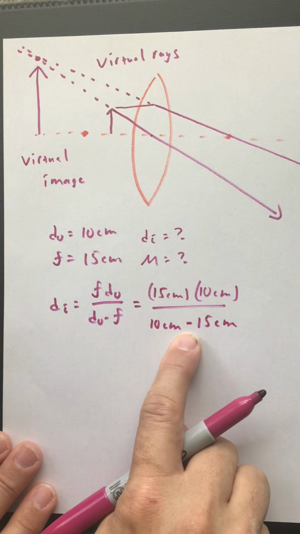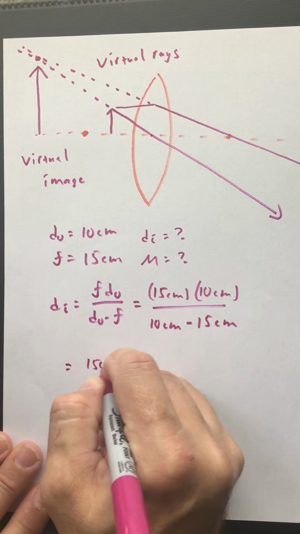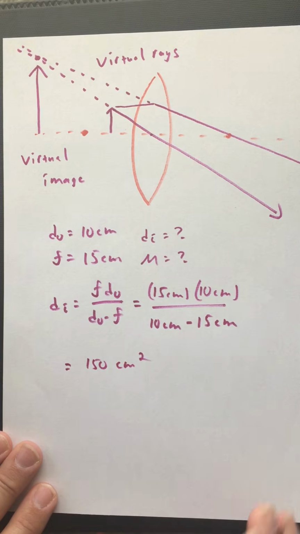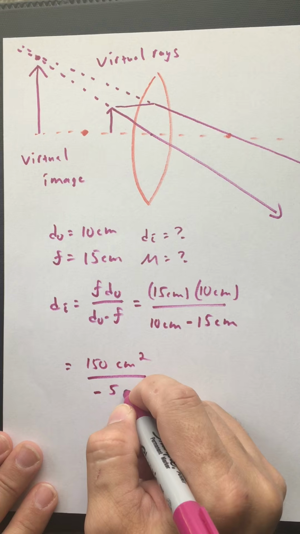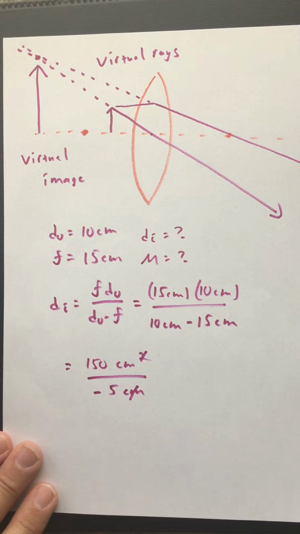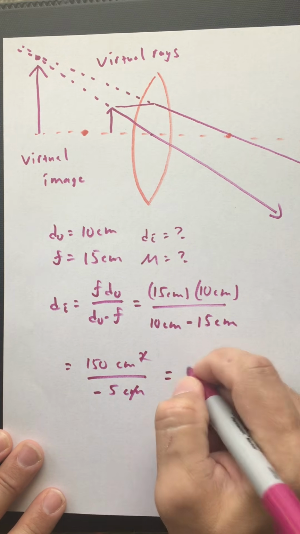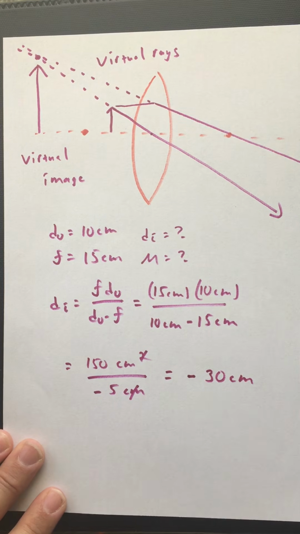So I'm going to get, notice, a negative sign for this. I get 150 square centimeters divided by negative 5 centimeters. I lose 1 centimeter on the top and 1 on the bottom. And I get that my distance to the image is negative 30 centimeters.